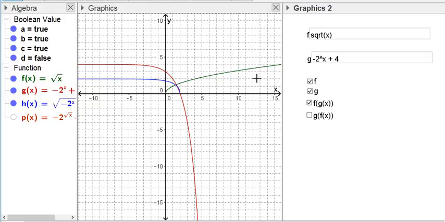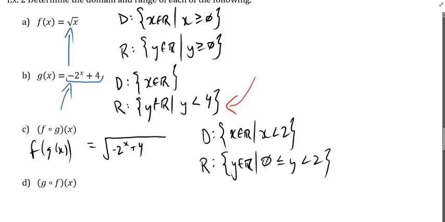And then now let's go back and talk about domain again a little bit. What's the possible domain? What can I put in? What happens when I put in something like x equals 3?